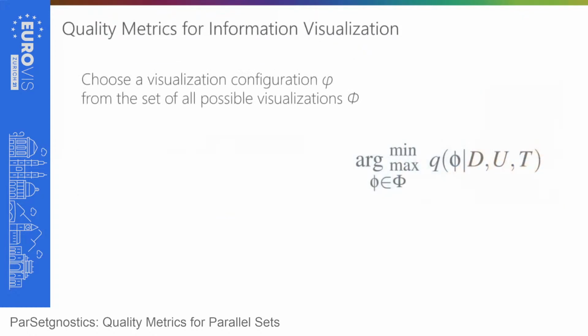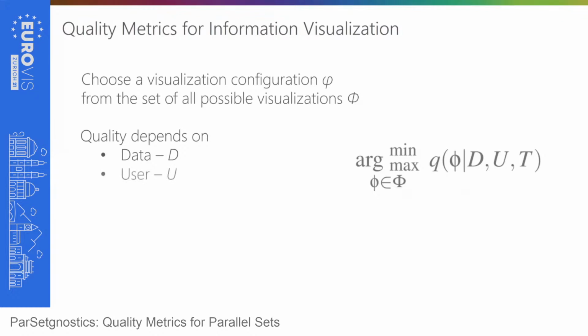This general problem is formally defined in the work by Barish et al., where they try to determine an optimal visualization configuration, here called phi, from the set of all possible visualizations by maximizing or minimizing a quality metric Q. This quality depends on the data, since not all data sets contain the same patterns, such as correlations or clusters.